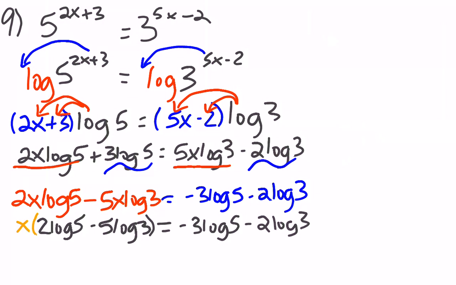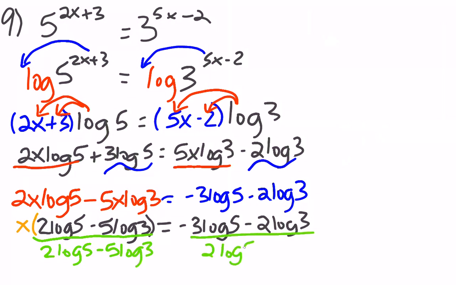And my final answer, you just need to divide by all the junk in parentheses. 2 log 5 minus 5 log 3.